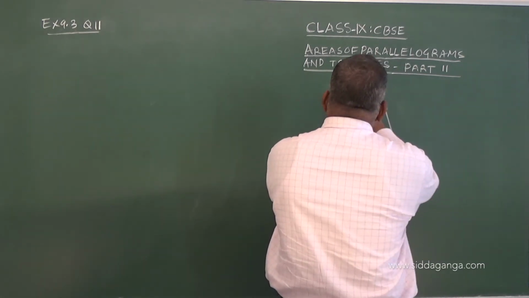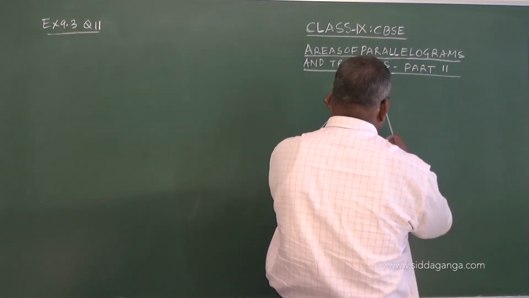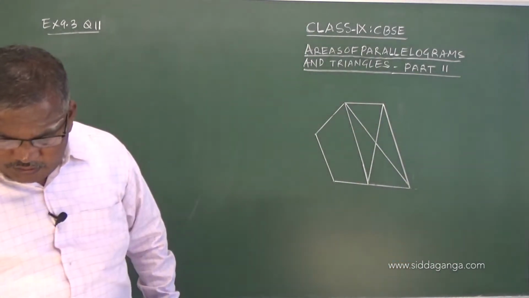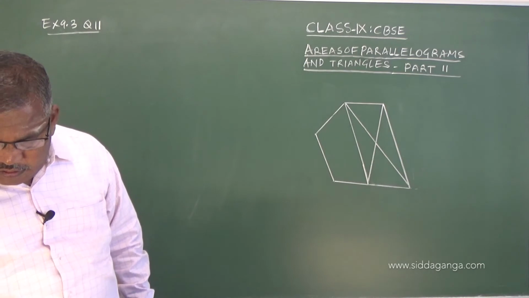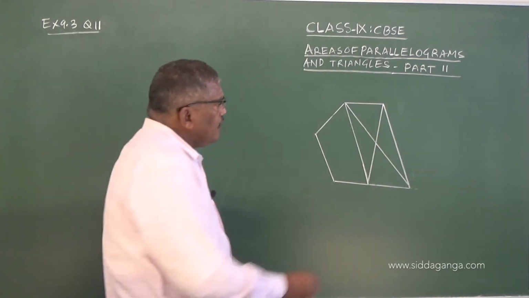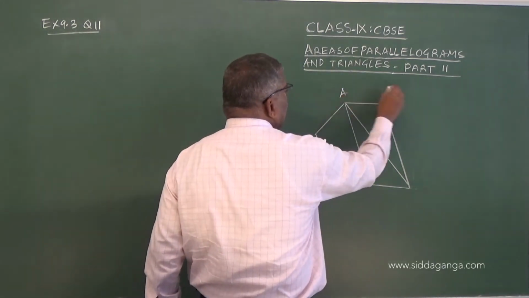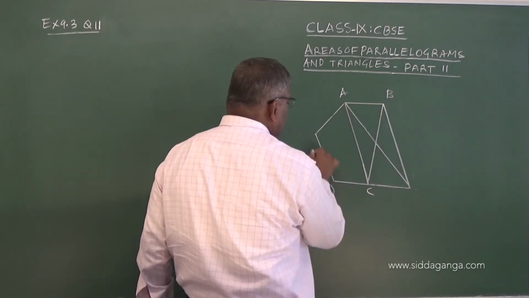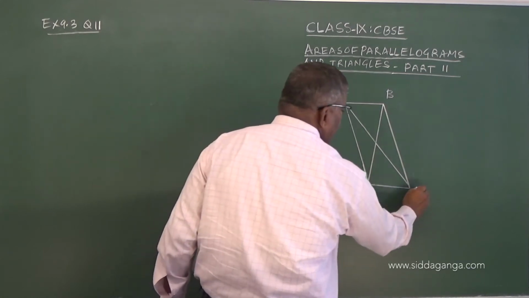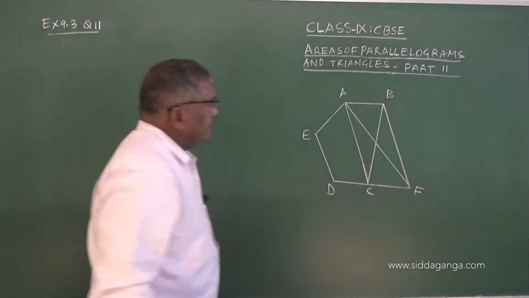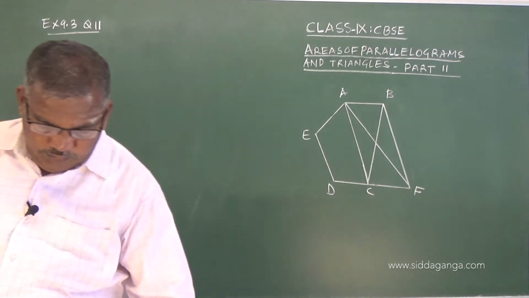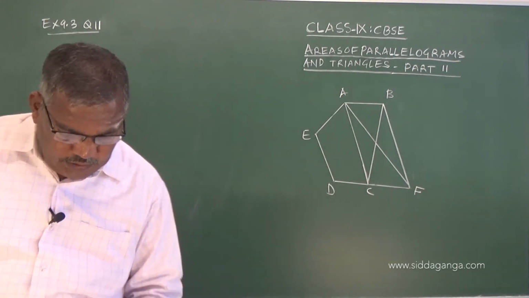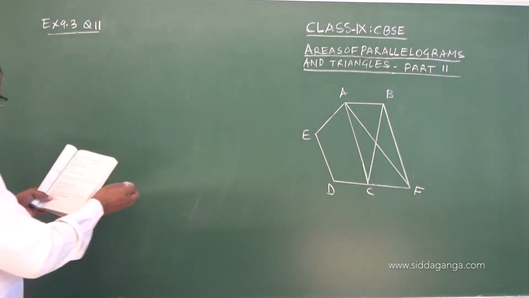So this is the diagram given, A, B, C, D, E, F. So, what is given here?